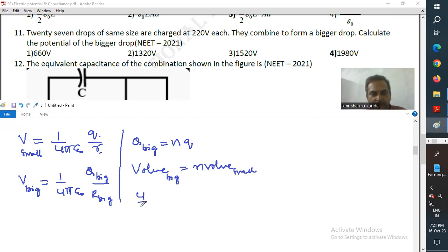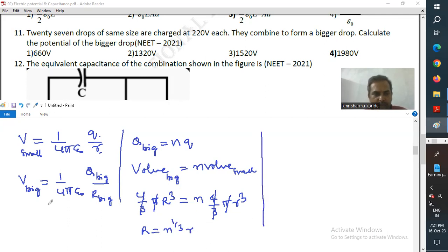It is 4 by 3 pi r cube. So 4 by 3 pi R cube is equal to N into 4 by 3 pi small r cube. 4 by 3 and pi on both sides get cancelled. So R is equal to the cube root of N times small r.